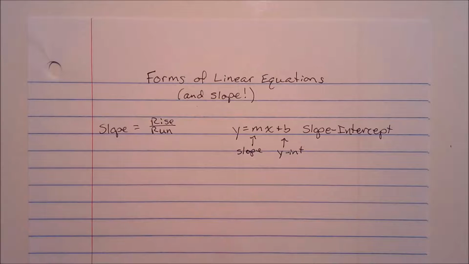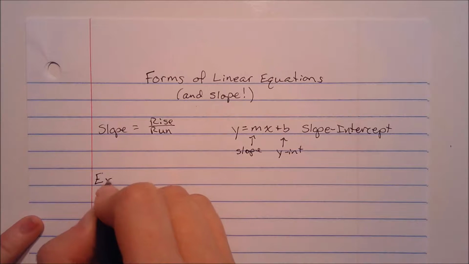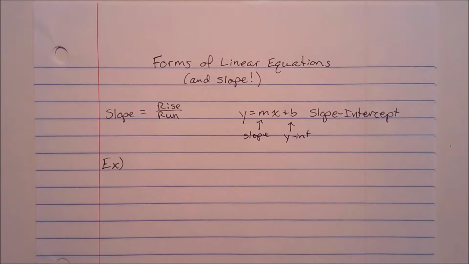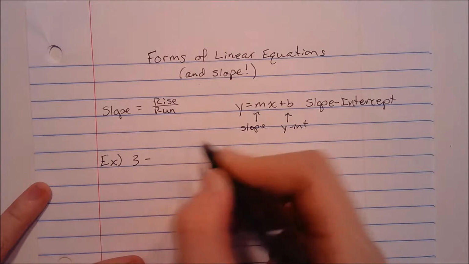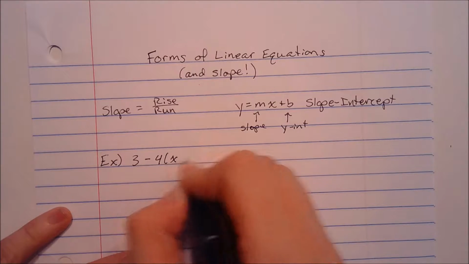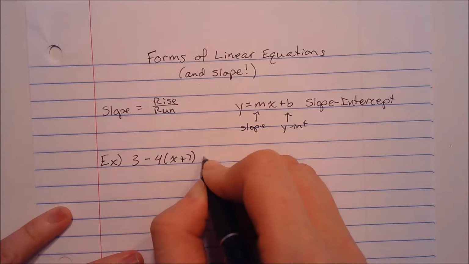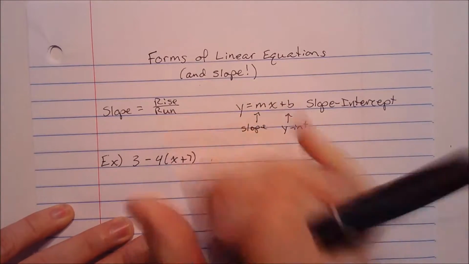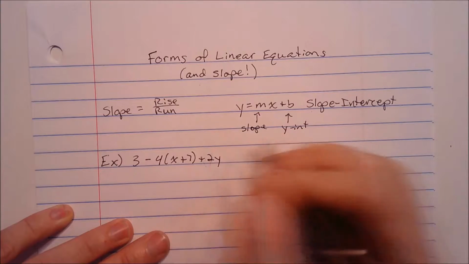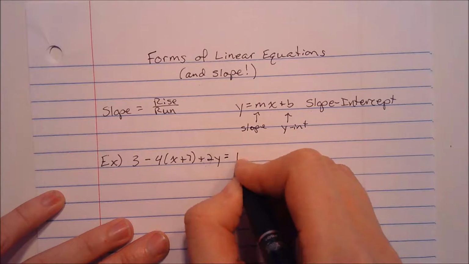So here's what students tend to have trouble with. Let's say I have some other line in some other form. Maybe it's in standard form. Maybe it's just in some random form that isn't anything special, like, I don't know, 3 minus 4 times (x plus 7) plus 2y equals 1.